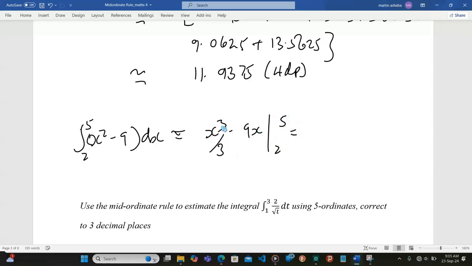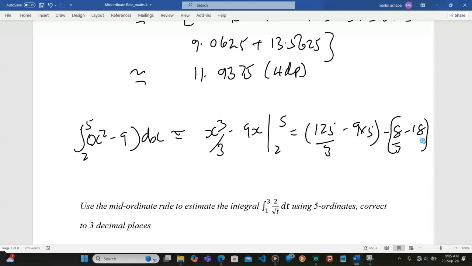Putting in 5, that is 125 over 3 minus 9 times 5, which is 45. Then I take away 2 cubed, which is 8 over 3, minus 9 times 2, which is 18.